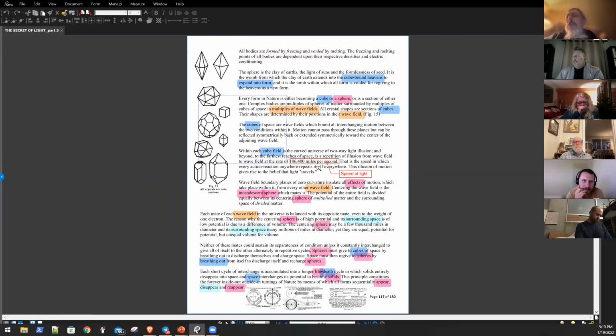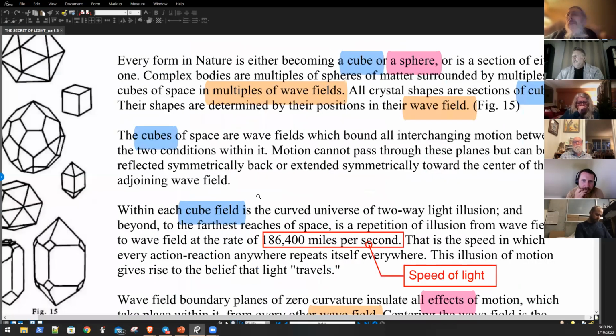These crystals are formed. So we talked about this a bit with the wave fields, the cubes of space. So the cubes of space are wave fields which are bounded by the motion between the two conditions within. Motion cannot pass through these planes, but can be reflected symmetrically backward or extended symmetrically toward the center of the adjoining wave field.